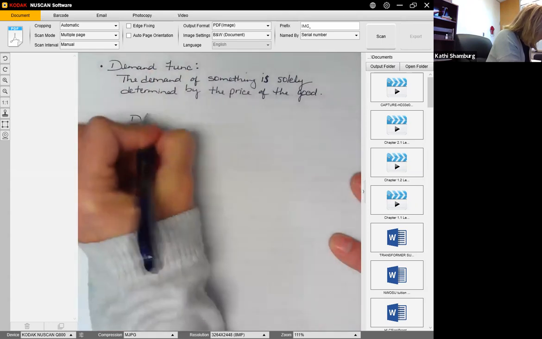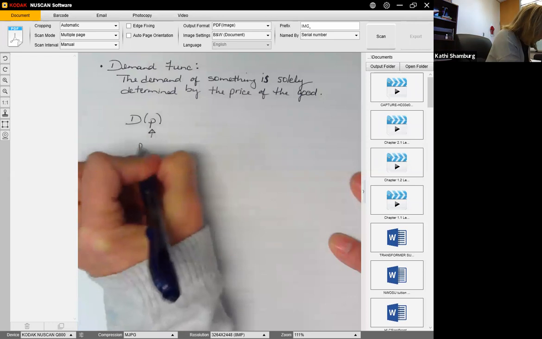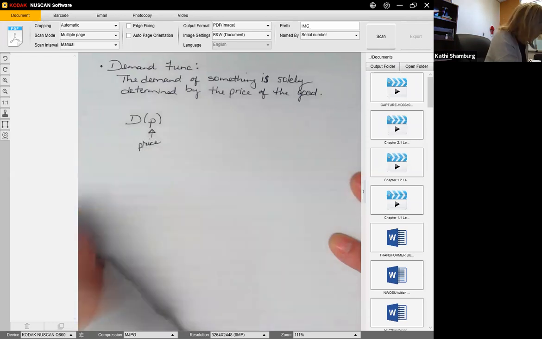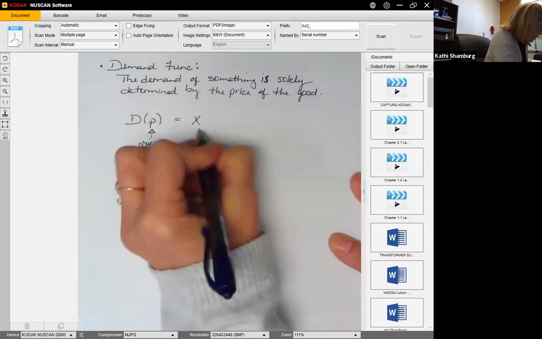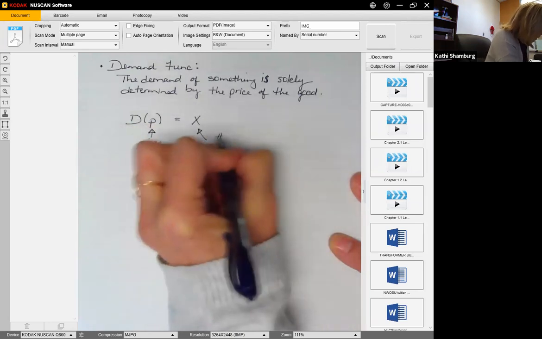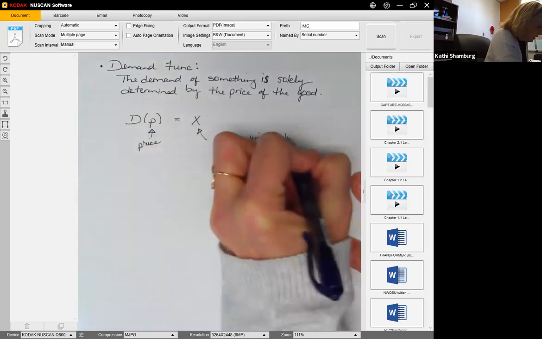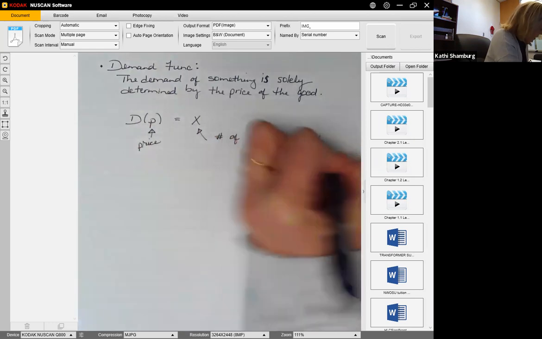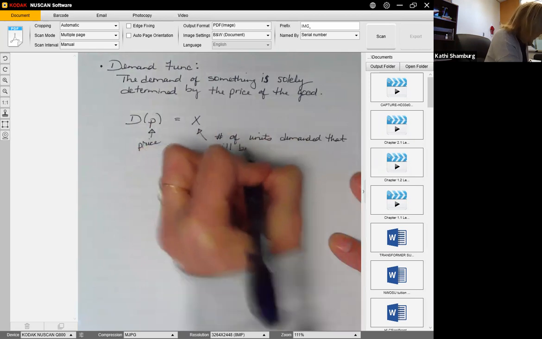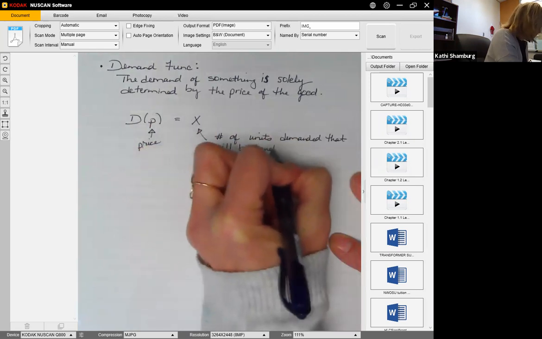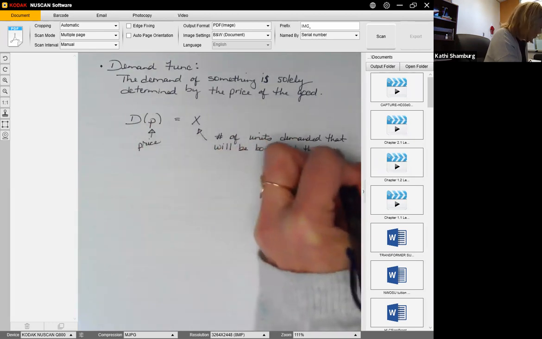So you'll be given a demand of P, P being your price, equals X. This is your number of units demanded that will be bought at that price.